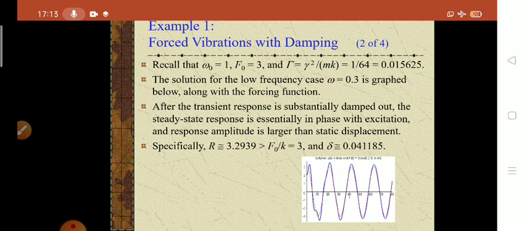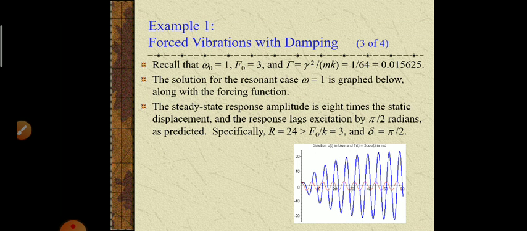If we take a different value of omega, omega is equal to 1, then we can generate a different kind of graph in which the response amplitude is going to be increased, as the steady state response amplitude is 8 times the static displacement, right?